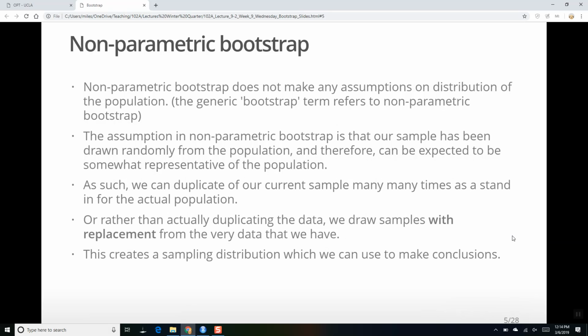So anyway, that's what we're going to say. I can take my sample and clone it like 1,000,000 times, and now I have the population, right? So it's just like you did a random survey of 1,000 Americans or something, and then you clone that like 300,000 times, and now you have a 300 million person population that's going to stand in for what the population of America looks like.